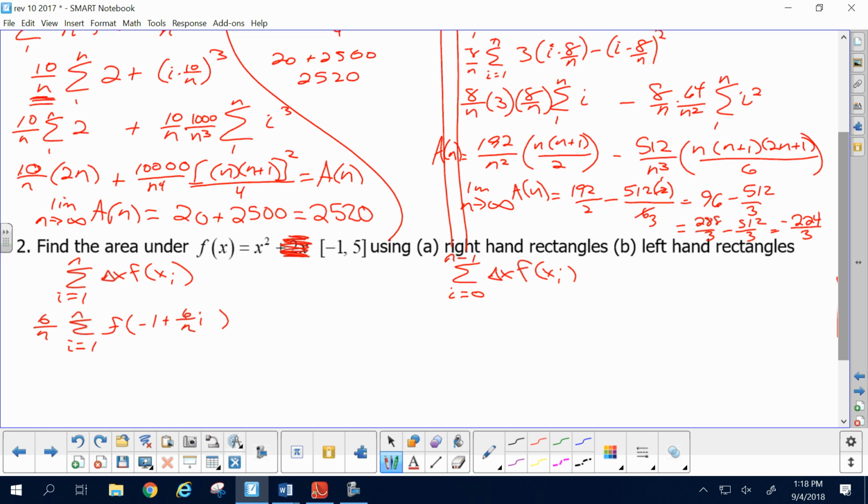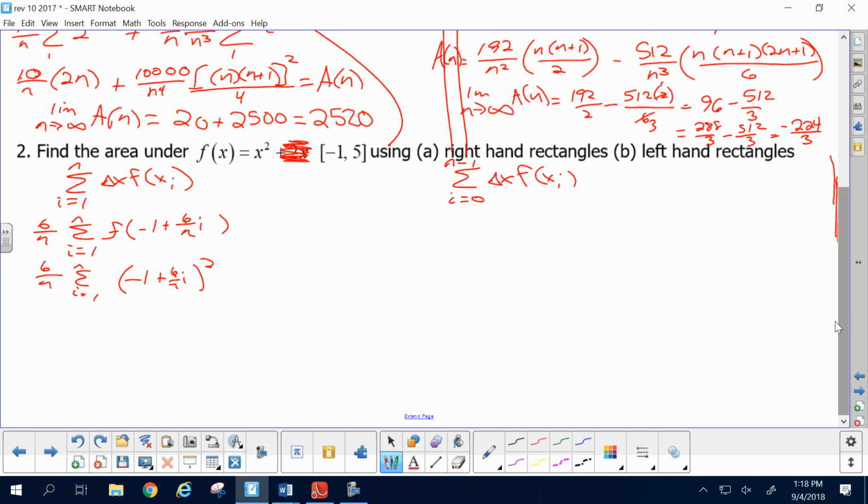Let's proceed. If the function is x squared, then that means squaring negative 1 plus 6 over n times i. When I do that, using our binomial pattern, a plus b squared equals a squared plus 2ab plus b squared, I'll get three terms.